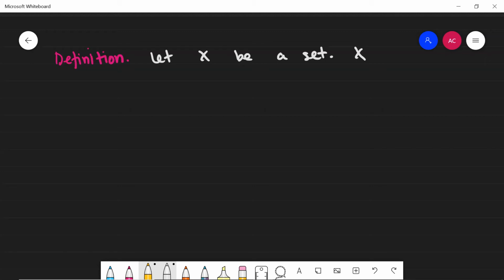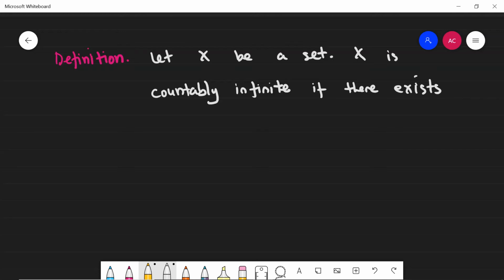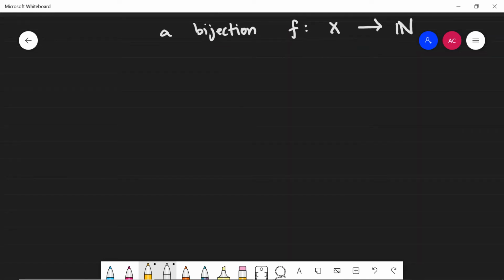X is countably infinite if there exists a bijection that takes X and maps it to the set of natural numbers. So X is countably infinite if you can find a bijection that takes X to the set of natural numbers. Let's look at a super awesome example.